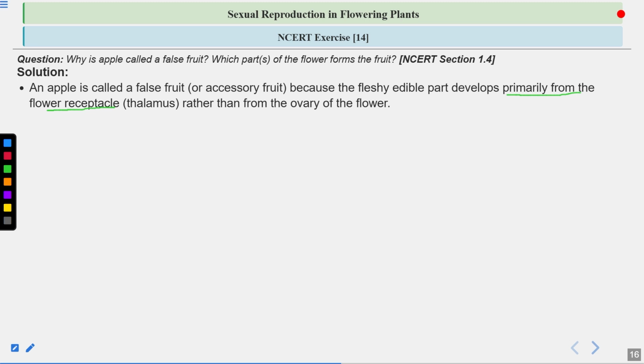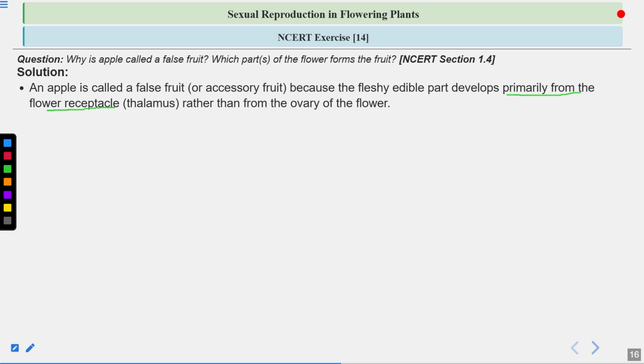Generally, the ovary transforms into fruit because the ovule is present inside the ovary, and after fertilization, the extra food material synthesized by the plant is transported to the ovary to be stored in the fruit, right?